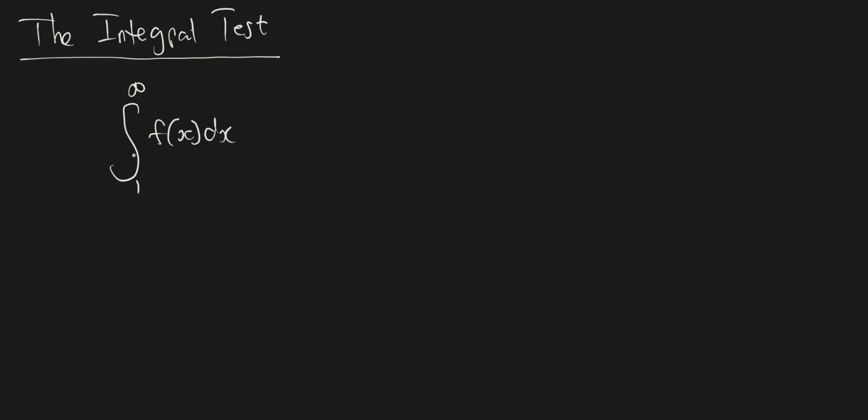We know how we can interpret this geometrically, right? So I am going to make an assumption about the function. I am going to assume that f of x is, let's say, always positive, at least always positive on this interval, 1 to infinity.